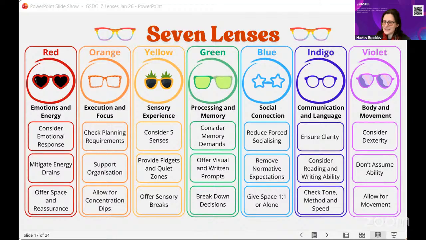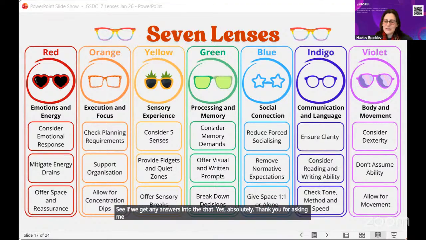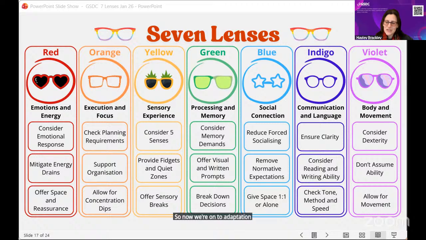See if we get any answers into the chat. Yes, absolutely. Thank you for asking me to repeat. So now we're on to adaptation. So thinking about the lens that you were going to look through, what's one adaptation you can make to the programs or training or spaces that you create?